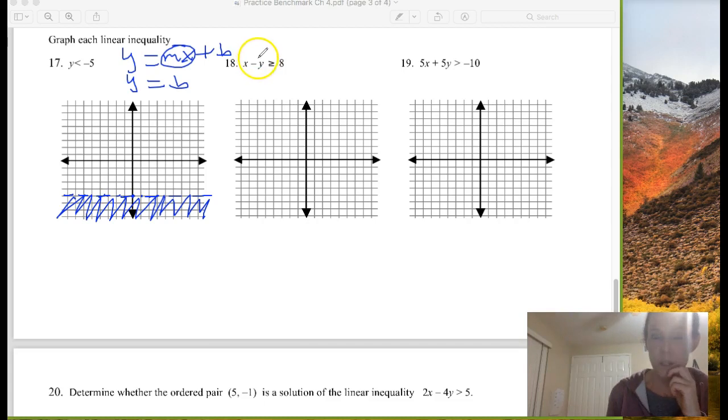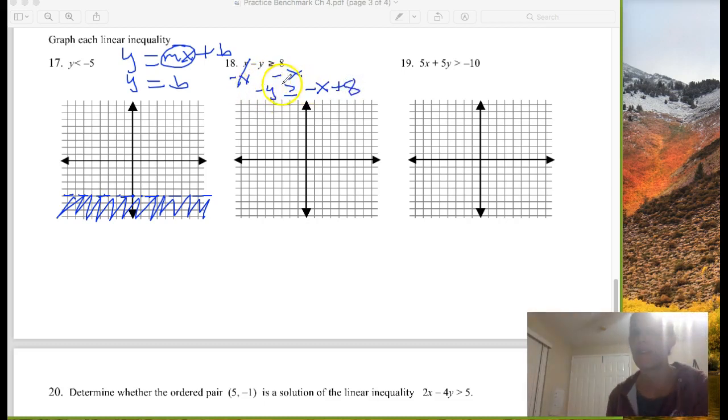Okay, let's go to this one. I need to be in slope-intercept form, so I have to solve for y. First, I subtract x from both sides, and then I get negative y is greater than negative x plus 8. I like to write my x first. That's how I like to write it. So negative x, and then a positive 8. I still haven't solved for y because there's a negative in front of the y.